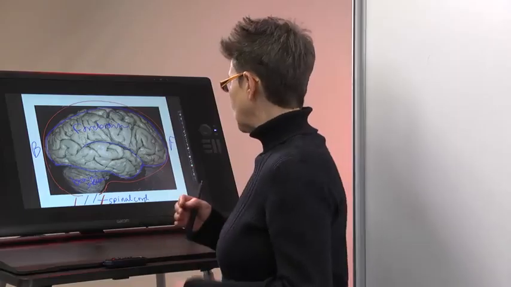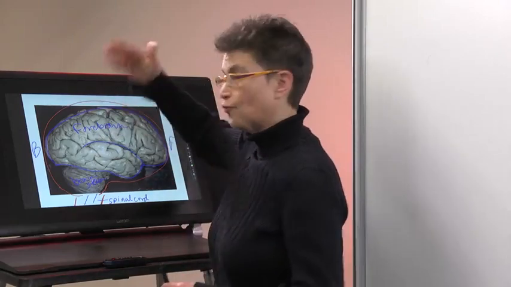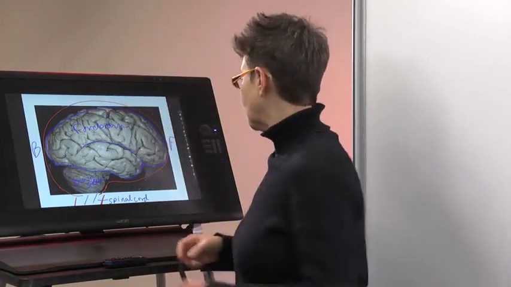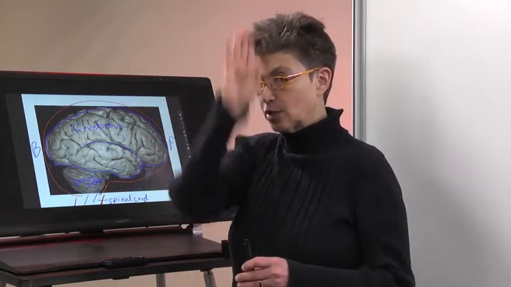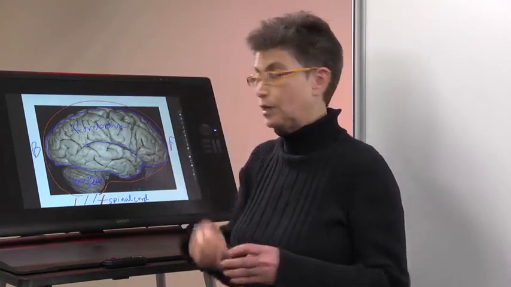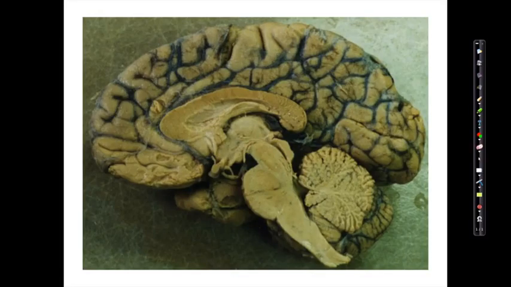Okay, so now what we're going to do is take a view from the middle of the brain, and we're going to look at the medial surface. We're going to cut like this and look into the middle of the brain. So here we have a brain, and once again we see this appearance that we saw from the outside. This is part of the forebrain, and in fact the forebrain goes all the way through here.